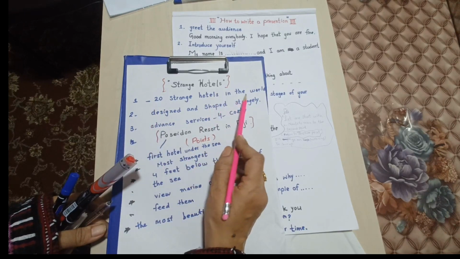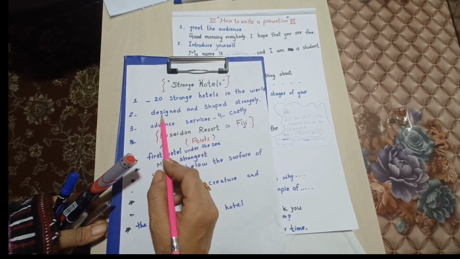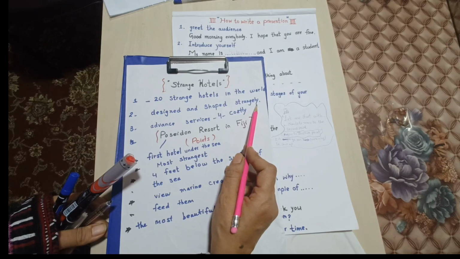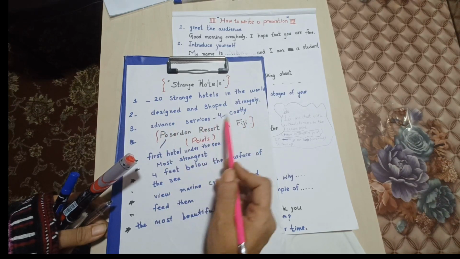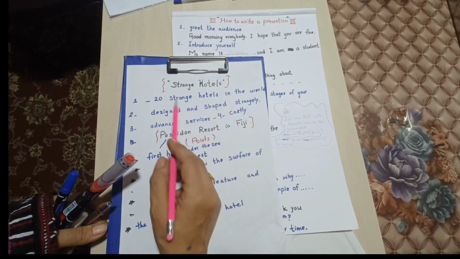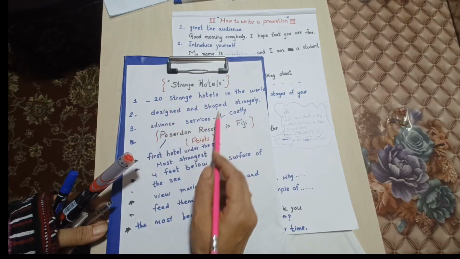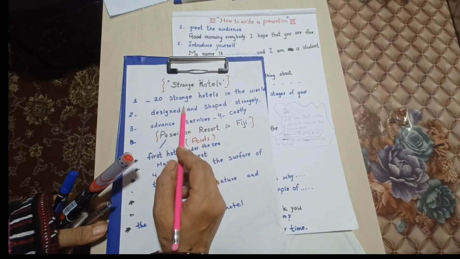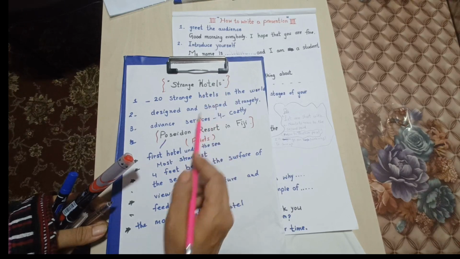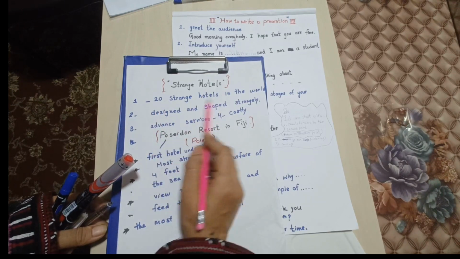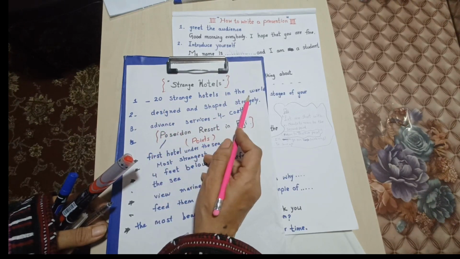20 strange hotels in the world, designed and shaped strangely, advanced services, costly. So it is all about strange hotels. I've taken the information from a website. There are a total of 20 strange hotels in the world.